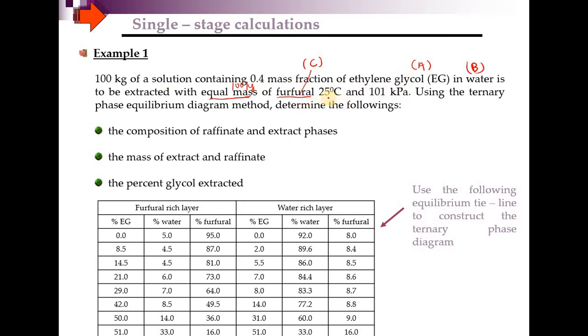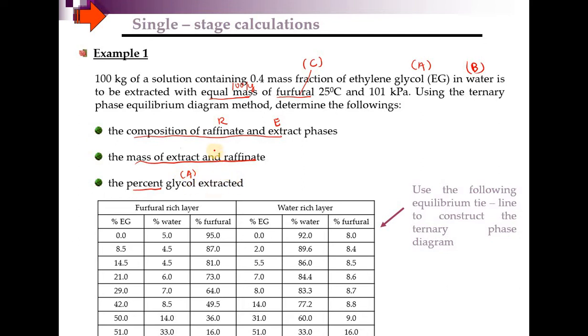Extract at 25 degrees C and 101 kilopascal. Using the ternary phase equilibrium diagram, determine the composition of the raffinate and extract, and determine the mass of raffinate and extract, and the percent of component A being extracted.